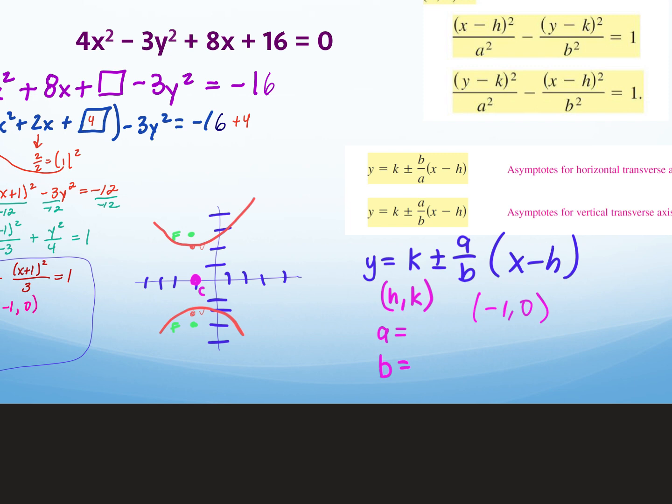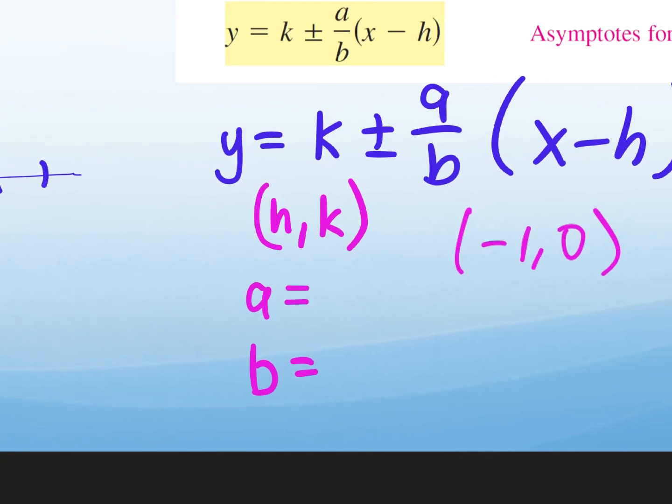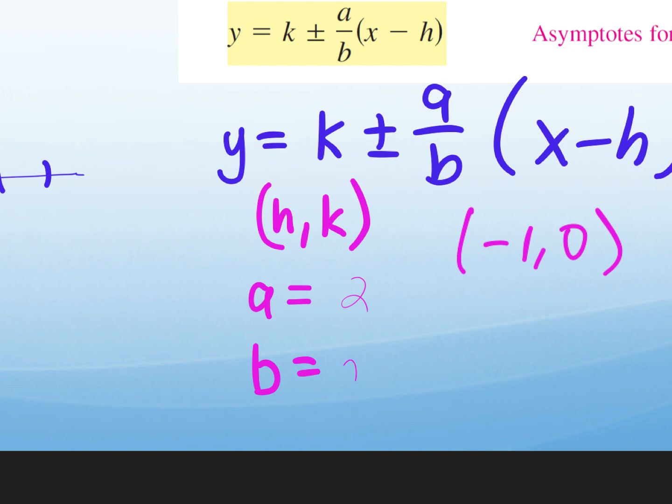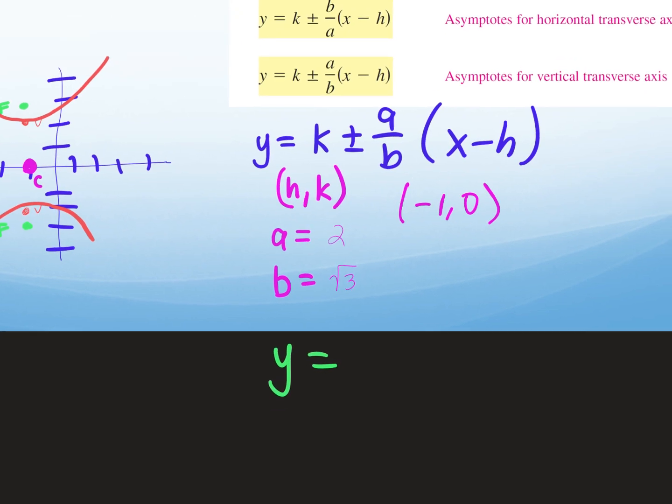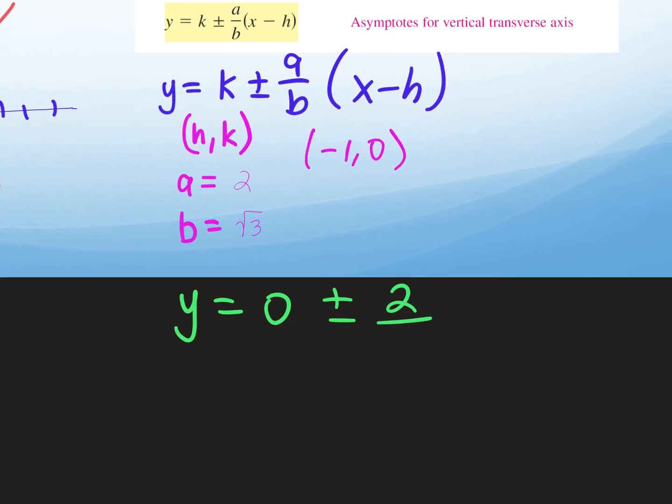What's your a value? 2, and what's your b value? Square root of 3. Okay, this is from yesterday, guys. So a is 2, b is square root of 3. All you do to write the equation, guys, is plug that information in. So I have y equals, my k value is 0 plus or minus, what's the a? 2 over b, square root of 3 times what?